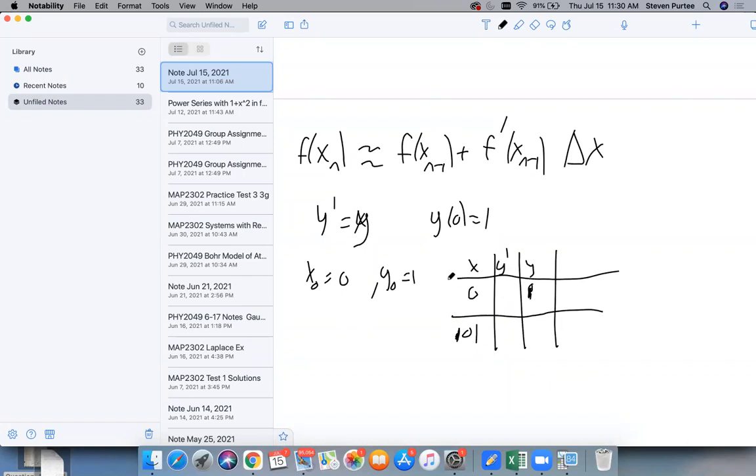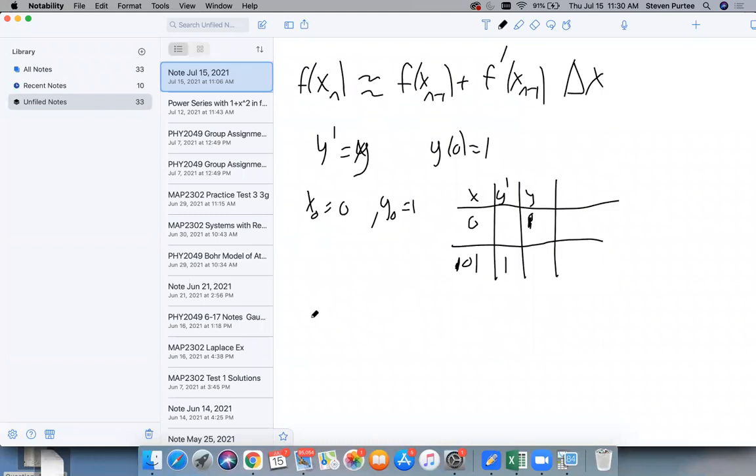My derivative at that point will be y prime equals the previous y value, 1. So my new y value, y at 0.01, will be the previous y value plus the derivative at the previous y value times my change in x.